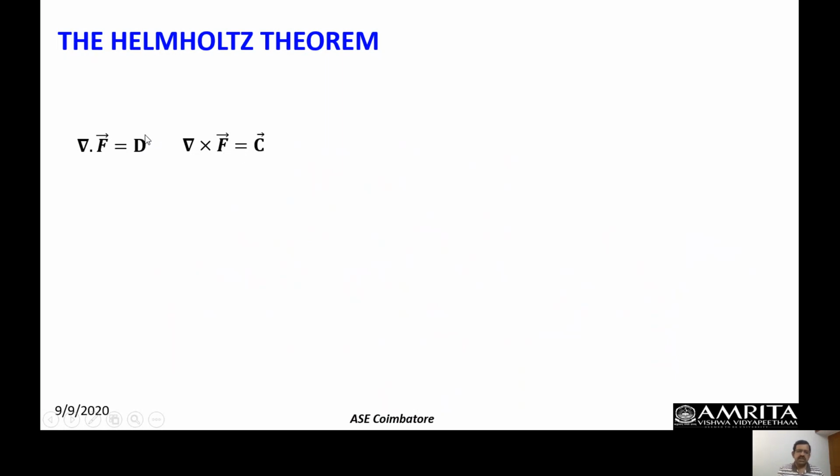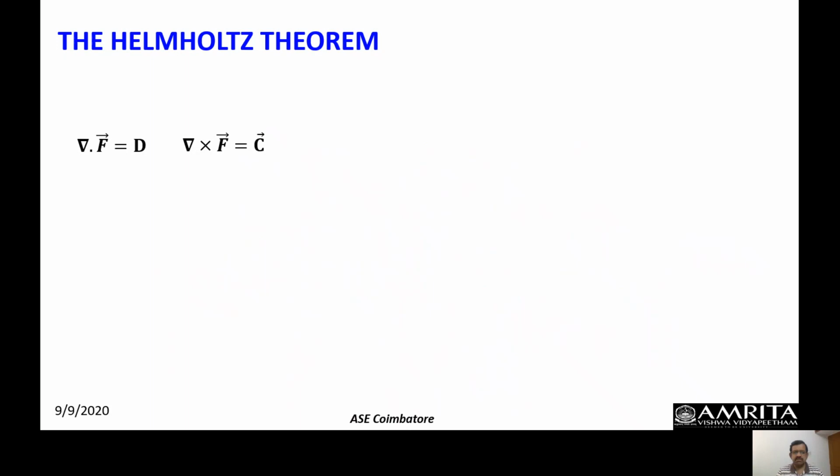That is the question. So I am given a number from the divergence. I am also given a vector function which actually is supposed to represent the curl of that vector function. Okay, the vector function C represents the curl of the field function F. How well can I determine this vector function F?